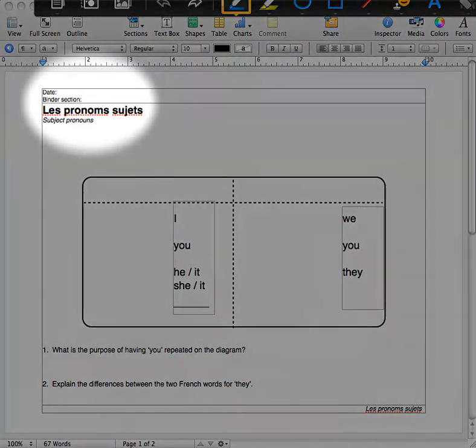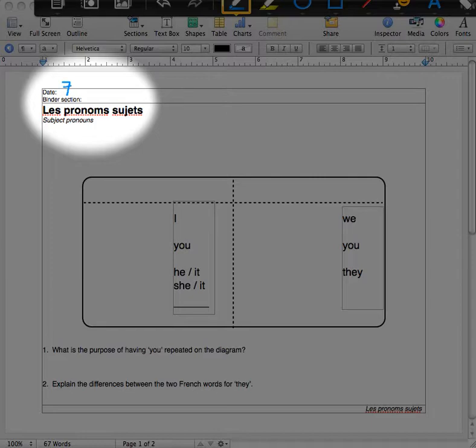So let's go ahead and get started with just today's date. Remember, with our binder and our notes, we need to be as organized as possible. So, for today's date, if you want to write it the French way, you're going to take the number for the day of the month. So let's say it's the 7th. You're going to put that first. Then the number for the month.